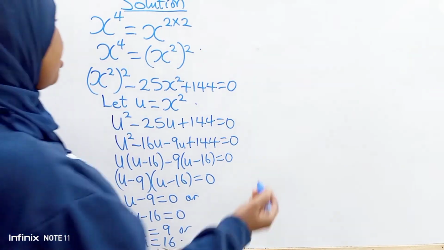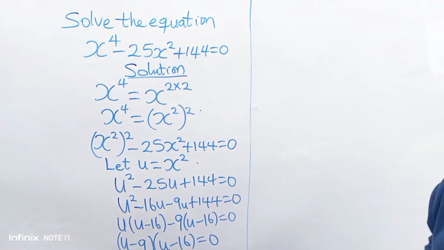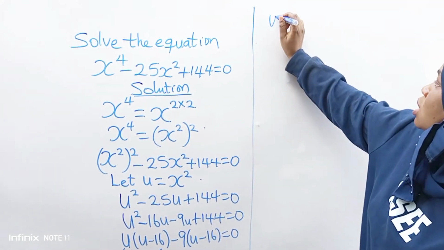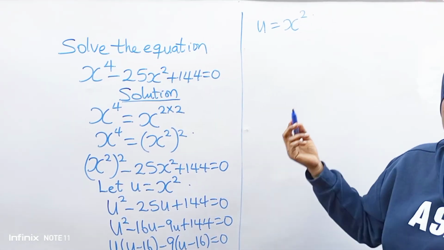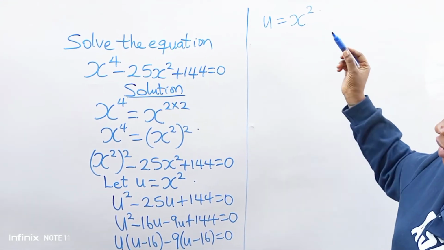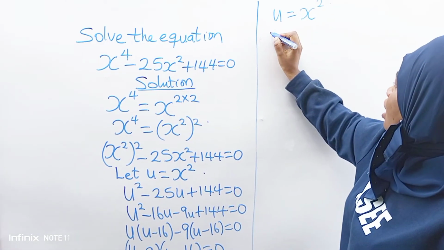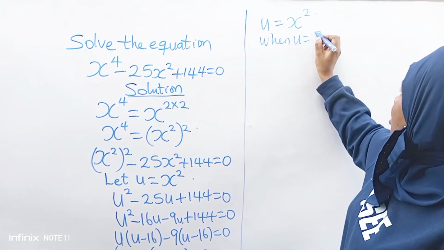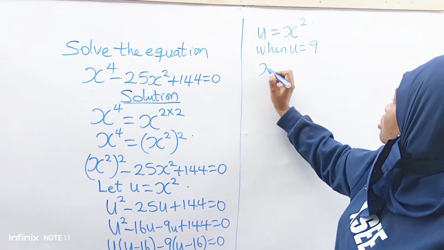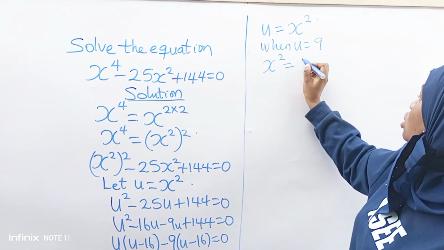So I have to recall that u is equal to x squared. So anywhere I see u now, I have to put x squared there. So when u is equal to 9, then I have x raised to power 2 equal to 9.